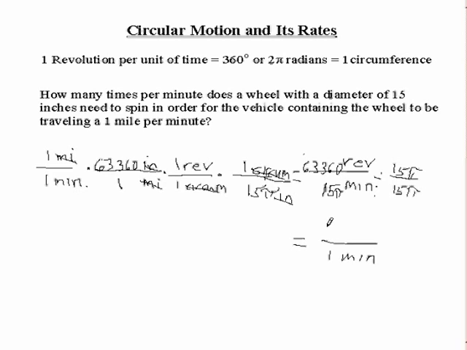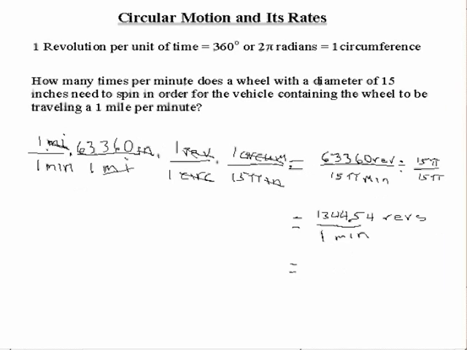So we get our 1 minute, and we get our same equivalent answer, which was 1,344.54, which we could also write then as, and most likely would write as, 1,344.54.